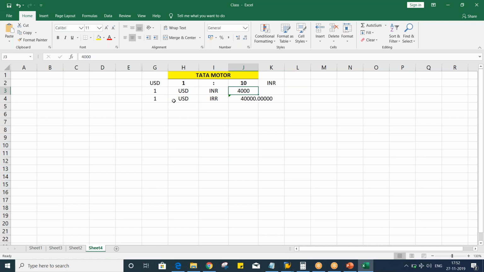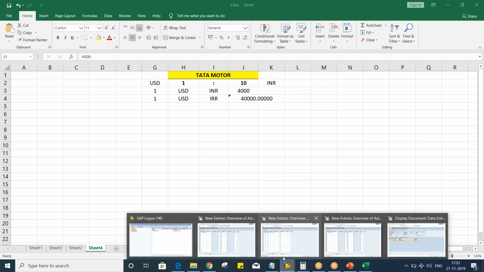So what is happening, guys? If you post a transaction of 1 USD, the Indian currency is going to multiply 4,000 by 10. So the system is going to calculate the correct figure. I'll show you here, guys.